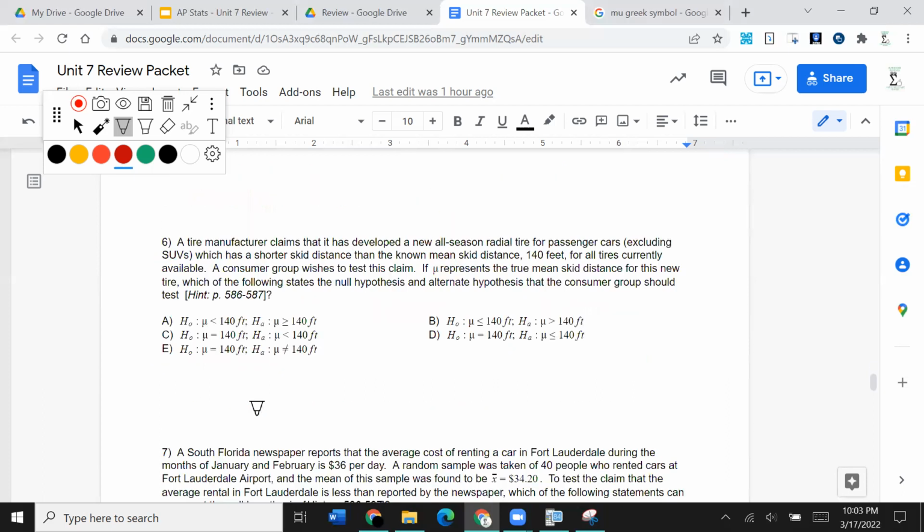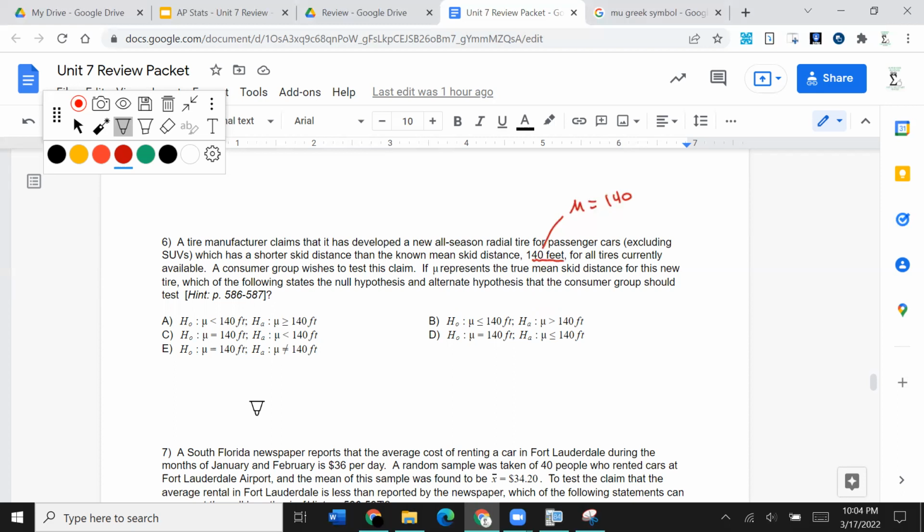Number 6. A tire manufacturer claims that it has developed a new all-season radial tire for passenger cars, excluding SUVs, which has a shorter skid distance than the known mean skid distance, 140 feet. So this is the parameter. This is our known. Mu is equal to 140. A consumer group wishes to test this claim. If mu represents the true mean skid distance for this new tire, which of the following states the null hypothesis and alternative hypothesis that the consumer group should test?